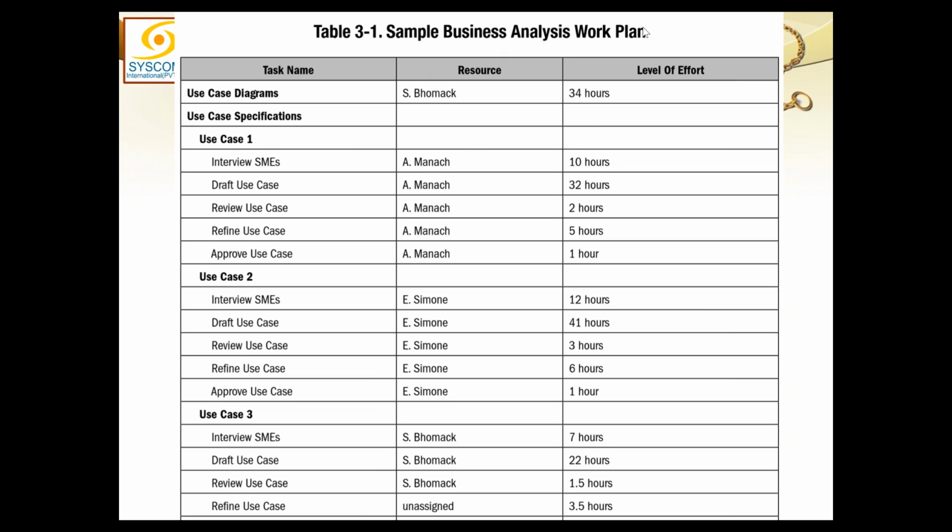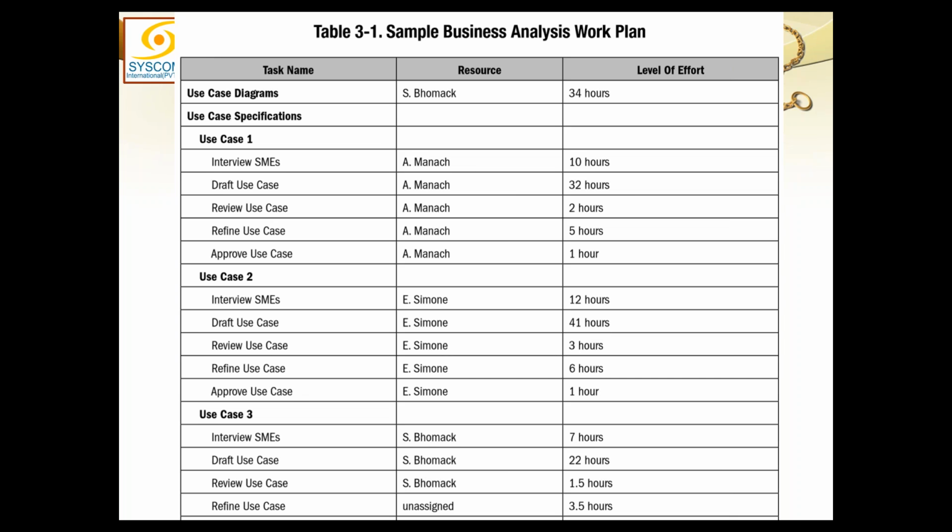This is a sample business analysis work plan table in which it shows clearly the tasks in the shape of the various business use cases, the resources which are going to be involved in those use cases, and the level of effort required. Mind it, this level of effort is not exactly the detailed one.